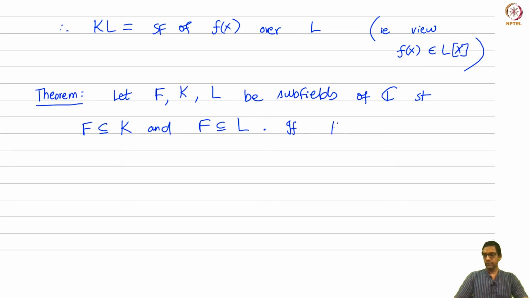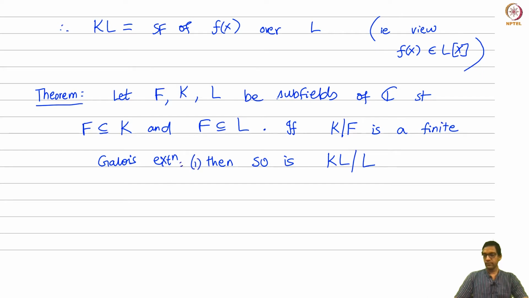If K over F is a finite Galois extension, then so is KL over L. This is the first part of the theorem.